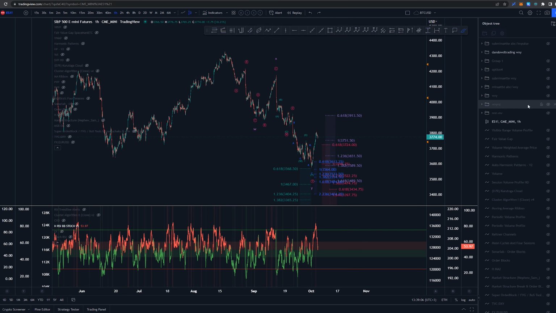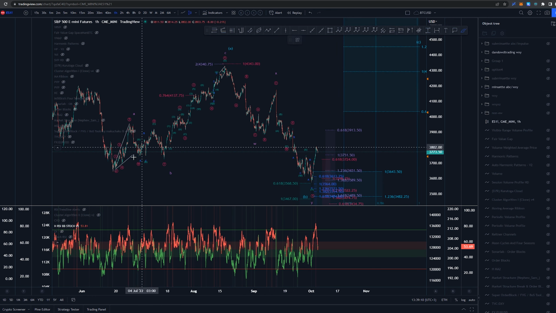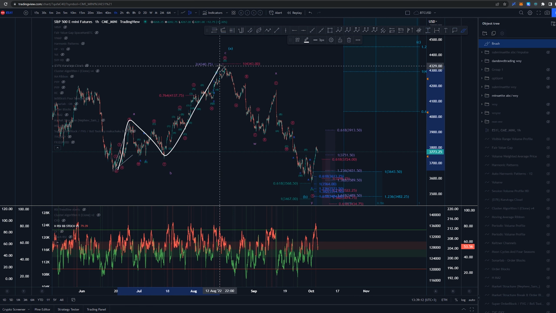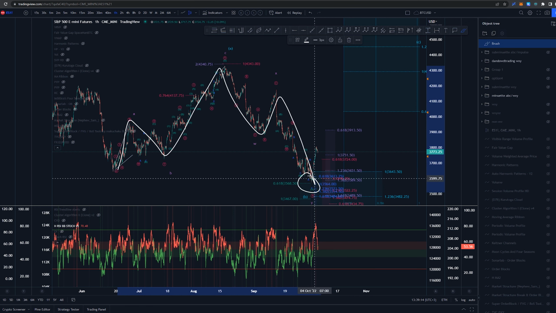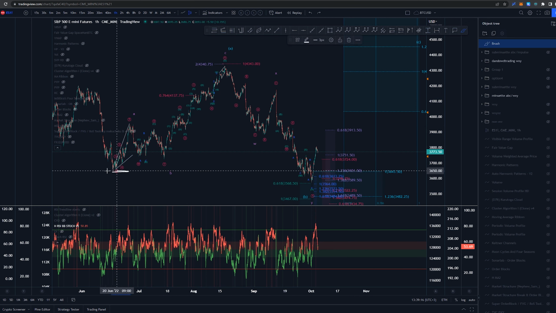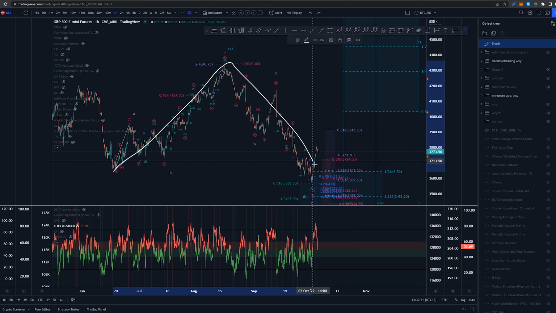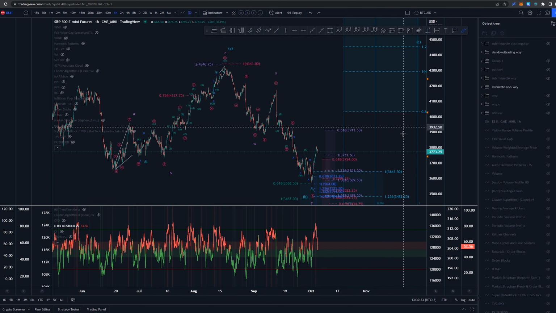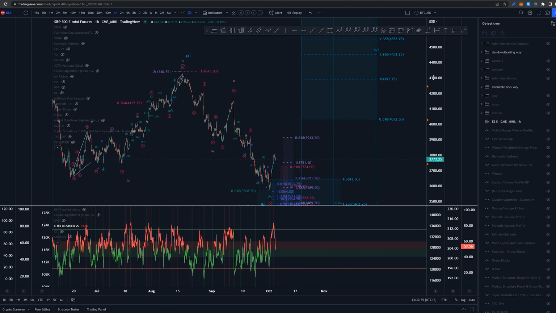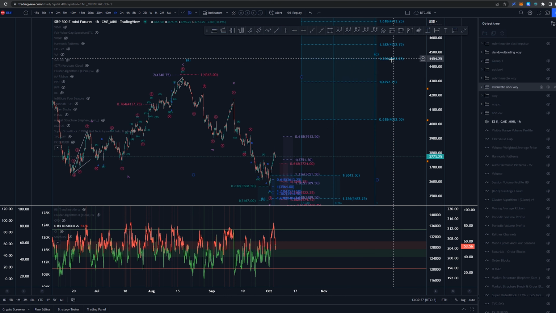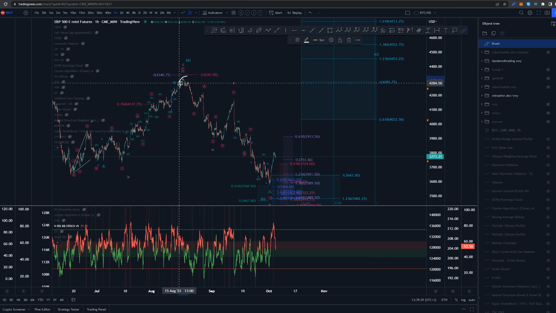Now, how this fits into the higher time frame picture is that we had this as a three-way structure right here, three ways right here, that has now finished and has gone beyond the start point of this A wave here. So this is overall an A, B, and now looking for a C wave, more commonly as an expanded flat. So generally we want to be taking out these A highs.